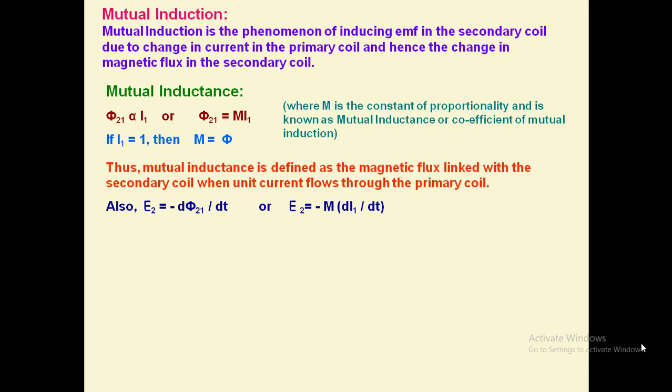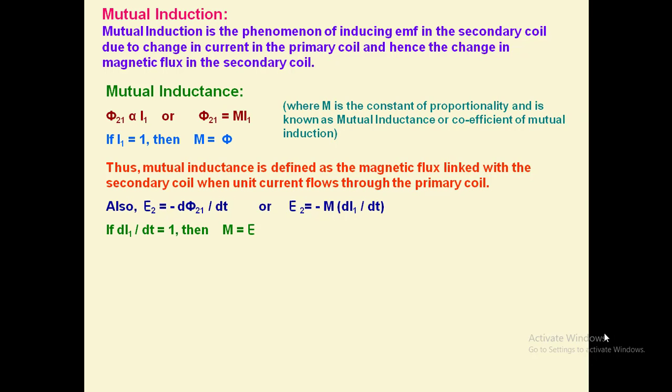Also, we know that EMF is equal to minus d phi by dt. Now here EMF is induced in the secondary coil. So E2 is equal to minus d phi 21 by dt. Now in place of phi 21, if you substitute the value of M into I1, you have the expression E2 is equal to minus M dI1 by dt.